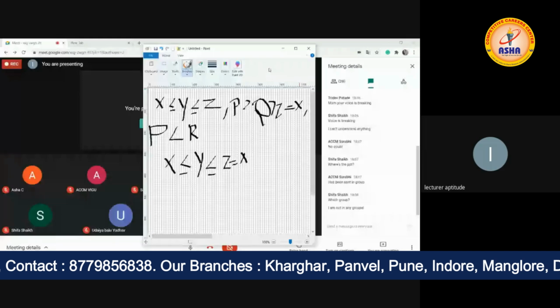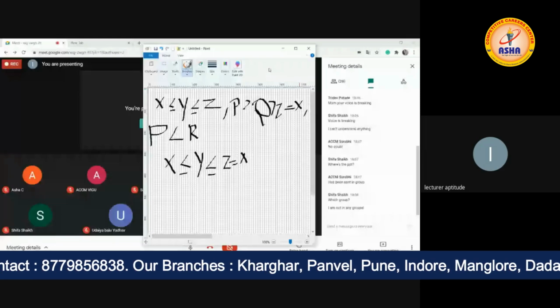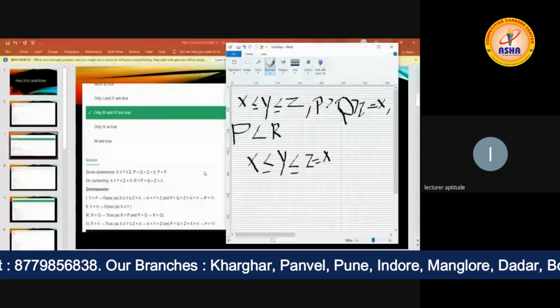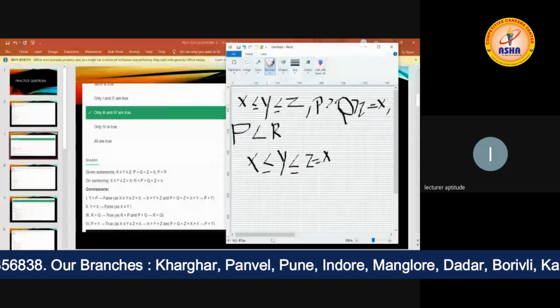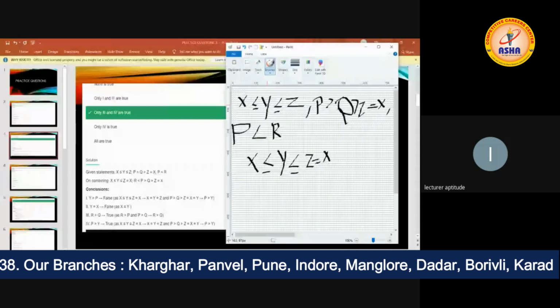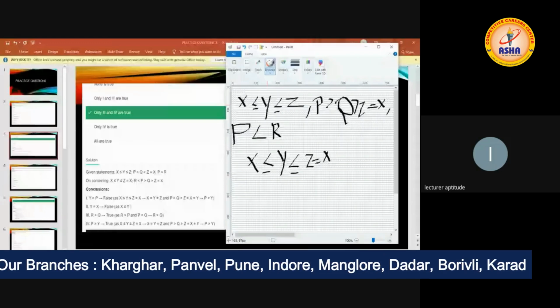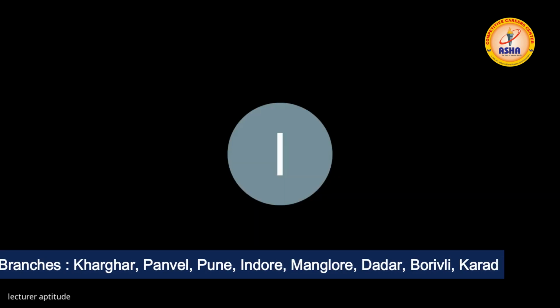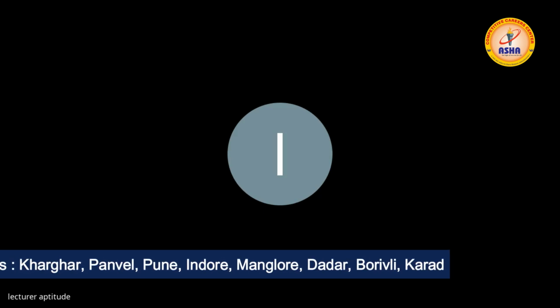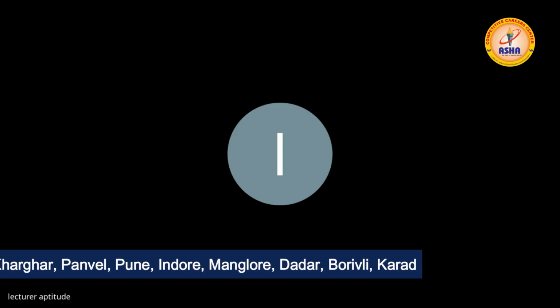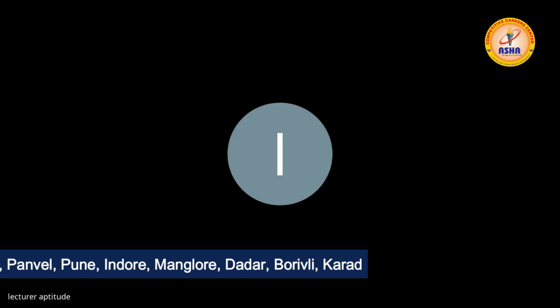So here is the question. How is it combined? Just look into the solution. x is less than or equal to y is less than or equal to z is equal to x. We combine it like that, since there is a relation between z and x. If you look into the first and second statements, the second statement has a z and an is equal to x, so we have to combine these two statements together.